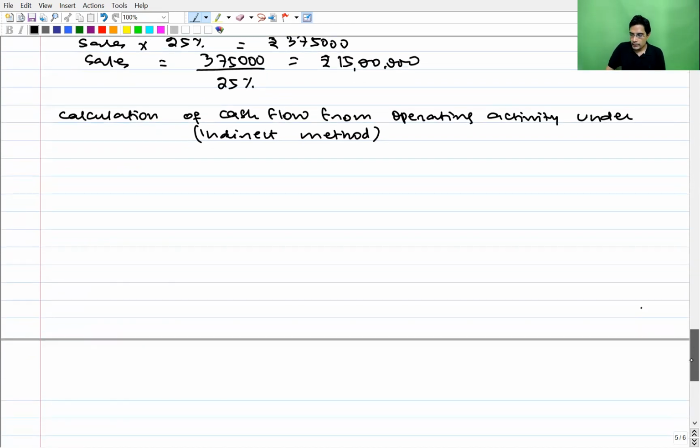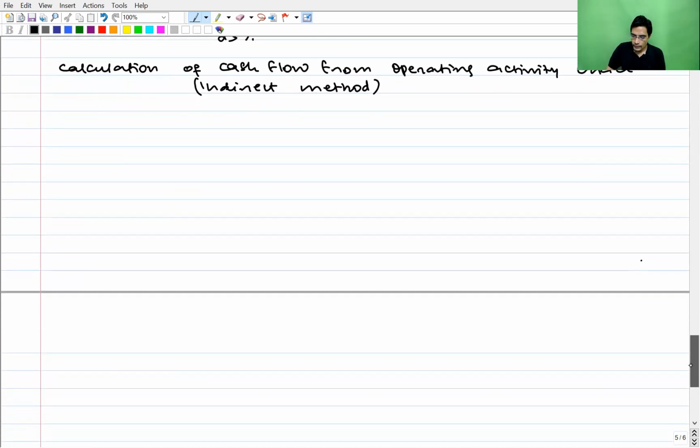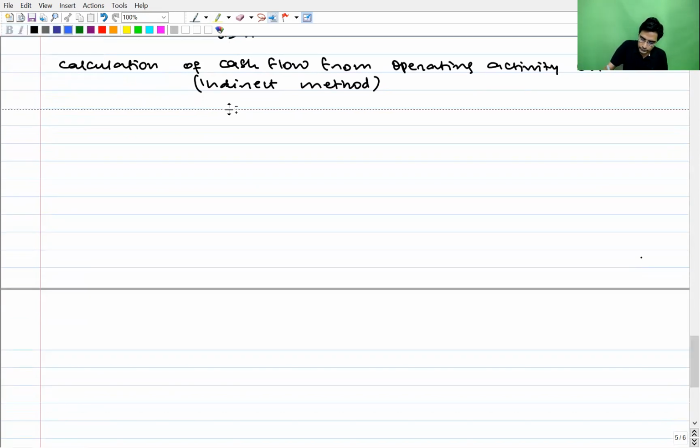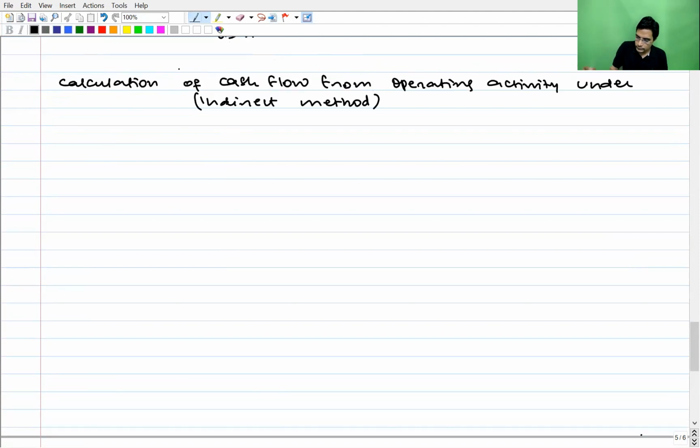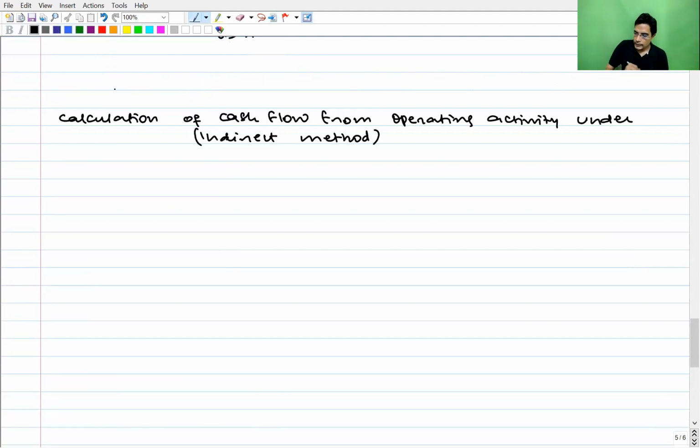The indirect method. First, we'll set up the format.